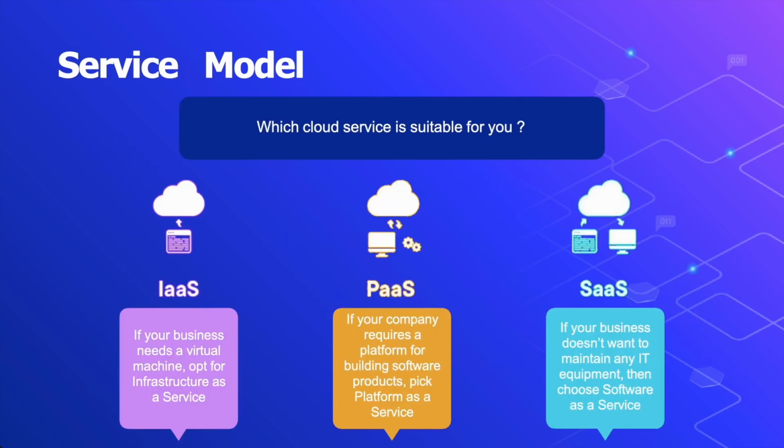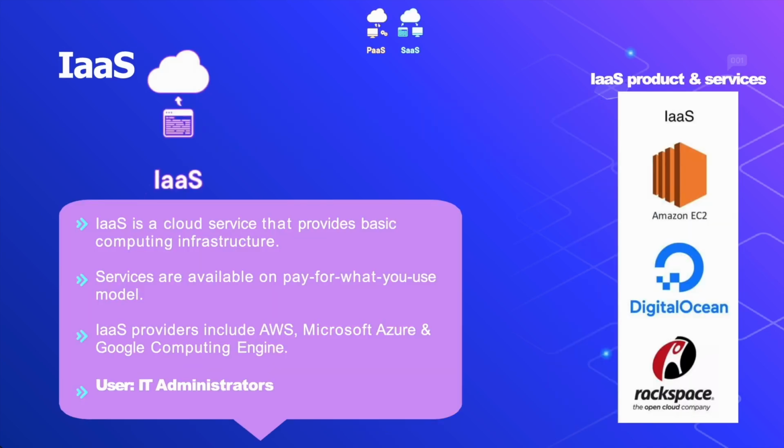Coming to the service models, there are three different service models, namely infrastructure as a service, platform as a service, and software as a service model. Coming to infrastructure as a service, it offers essential compute, storage, and networking infrastructure that organizations can leverage on demand without needing to purchase and maintain hardware.